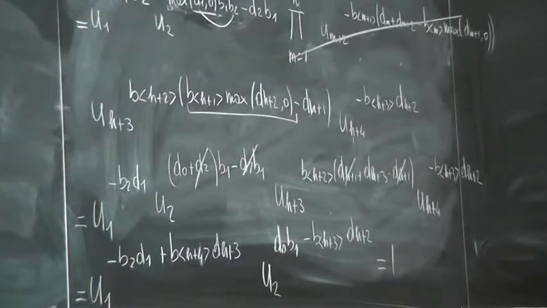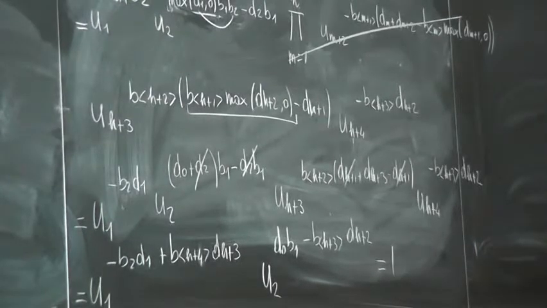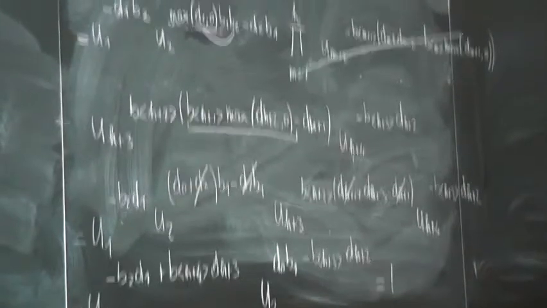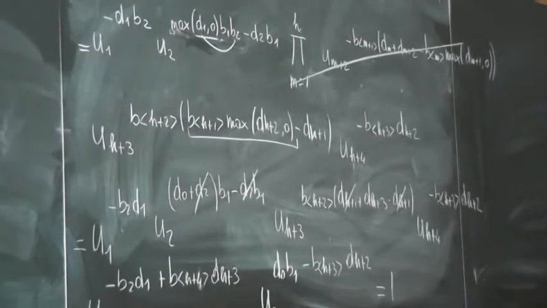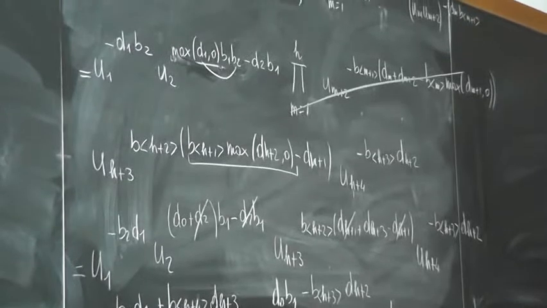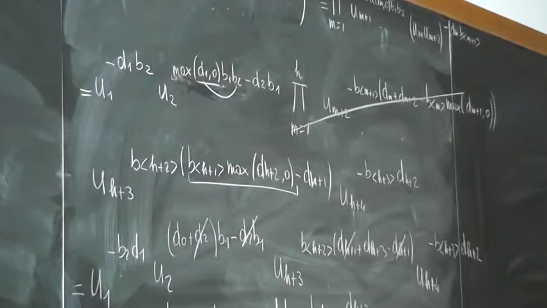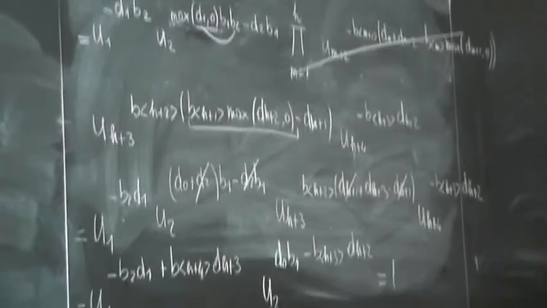Then we have to show that also the B's are periodic. This is easy. I don't know if you have time to do it. So I complete the proof with the periodicity of the B's, which is easy.